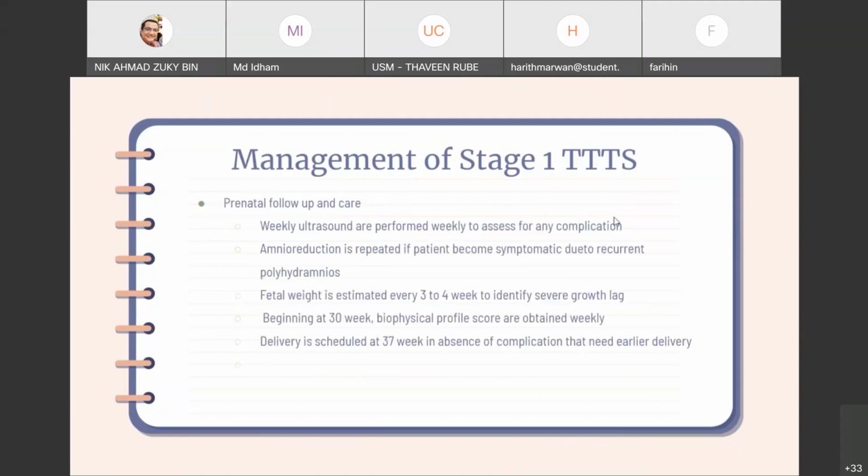The prenatal follow-up and care will be weekly ultrasound, and then amnioreduction repeated if the patient becomes symptomatic due to recurrent polyhydramnios, and estimation of fetal weight every 3 to 4 weeks to identify growth lag, and then biophysical profile weekly at the beginning of 30 weeks, and delivery after 37 weeks if there is absence of complication that needs early delivery.